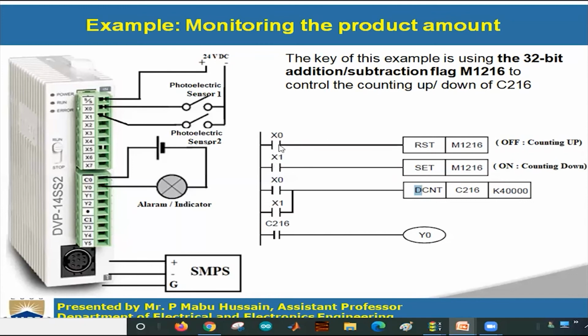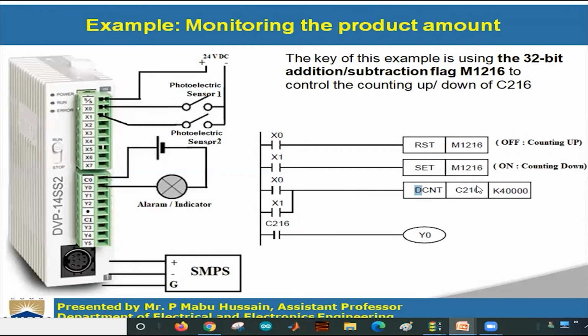So whether X0 or X1, any one is on, your counter has to be on here. As per this program, whenever X0 is on or X1 is on, in both cases your counter has to energize, and whether the counter value increments or decrements is decided by M1216.